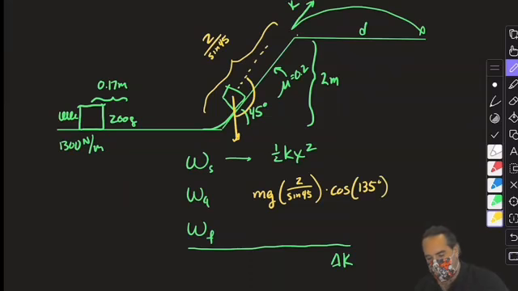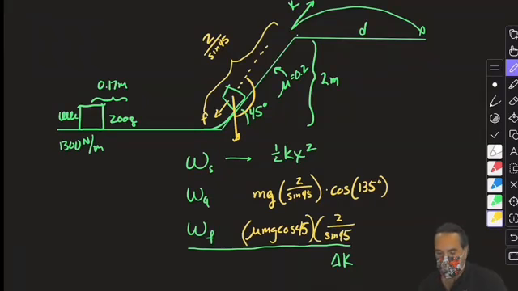Work done by friction. Frictional force is going to be mu mg cosine 45. Don't need to worry about anything there. That's how we get to the force friction. Any questions about that? All righty. The frictional force is this way, but the block goes up a distance 2 over sine 45. Those effectively cancel because it's 45 degrees.